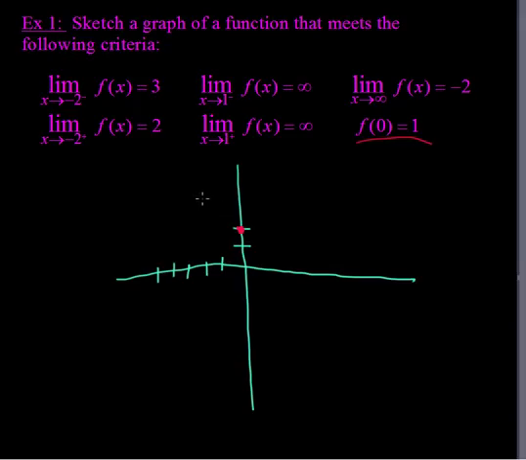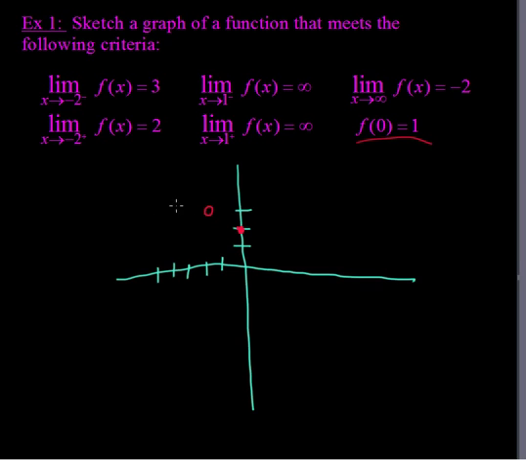As we're getting closer and closer to x equals negative 2 from the left, the function's getting closer to 3. So right now we're just going to go to negative 2, 3 and put a hole in the graph right there. And then dropping down to this one. So that basically takes care of this.